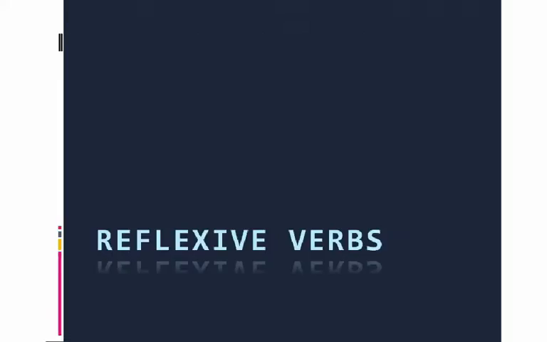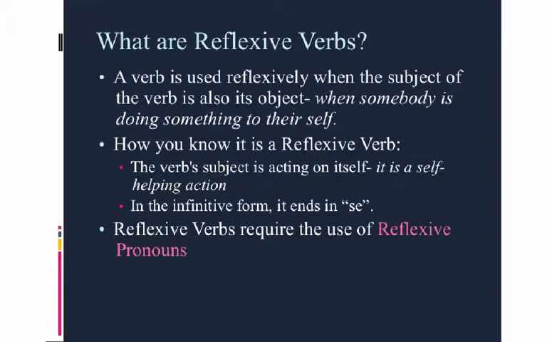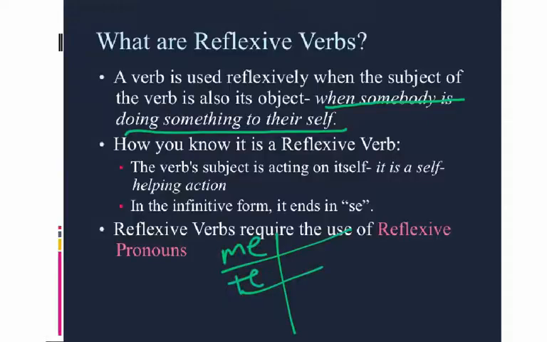Okay, so let's talk about reflexive verbs. Reflexive verbs are when the subject is also the object. So somebody is doing something to themselves. Now, conversely, we also have indirect object pronouns, and that chart looks like me, te, le, nos, os, les.